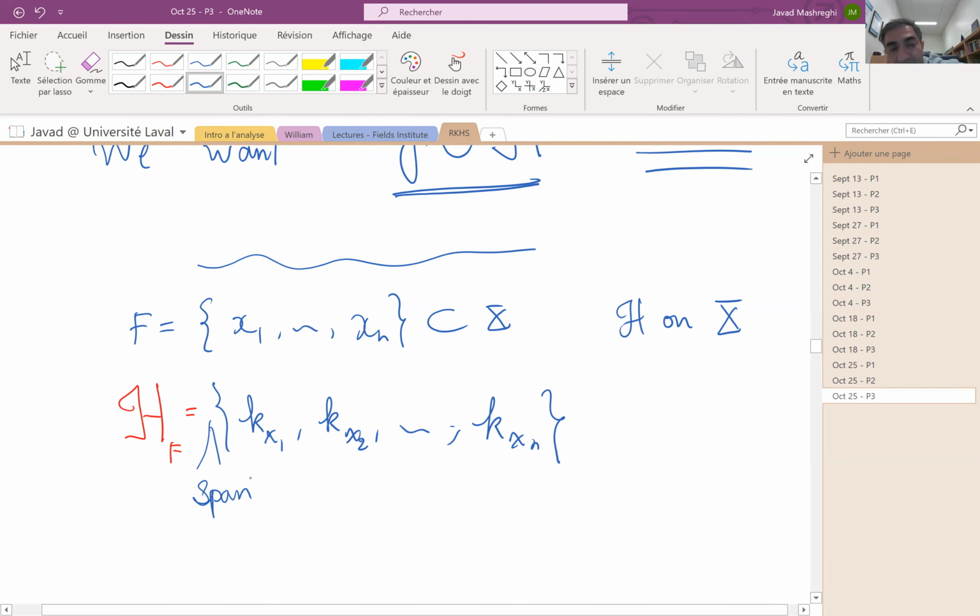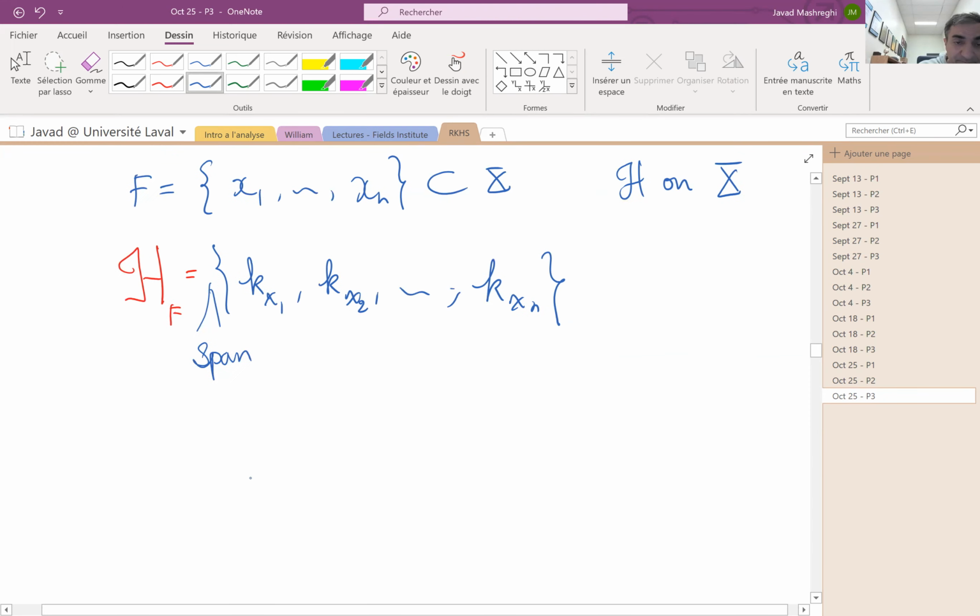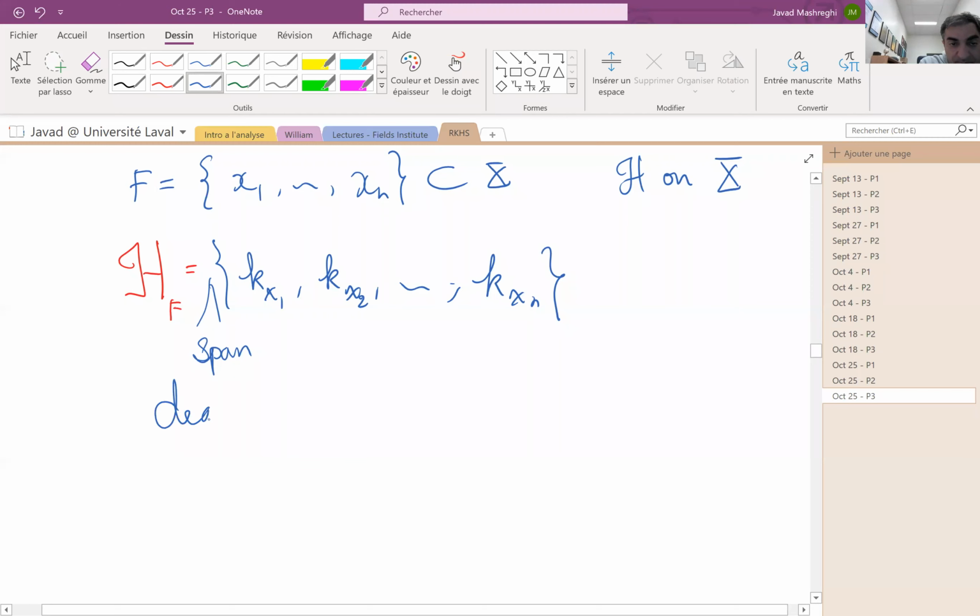The linear span of kx1, kx2 up to kxn is a finite dimensional space, and will be denoted by H_F. Clearly, the dimension of H_F is less than or equal to n.